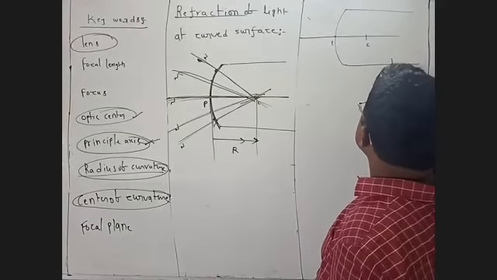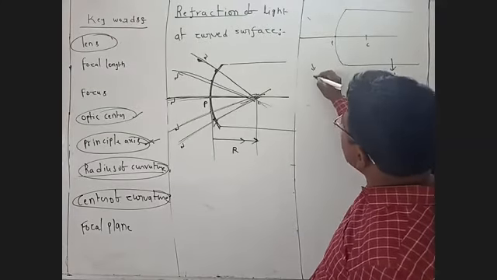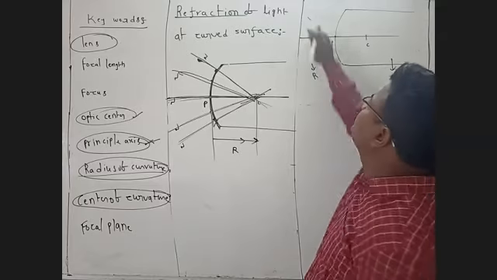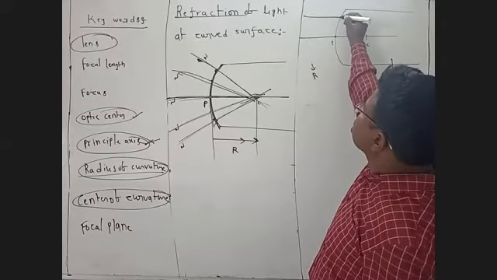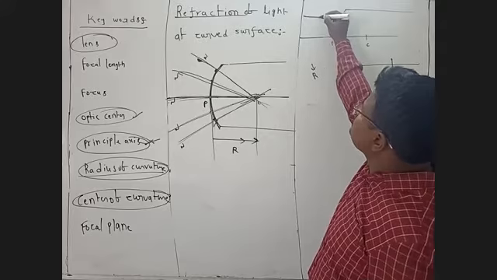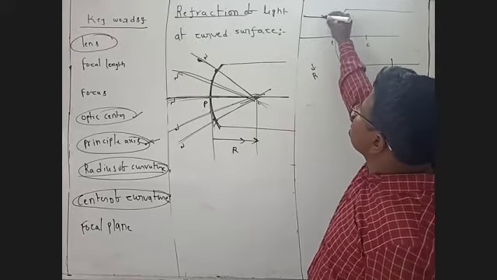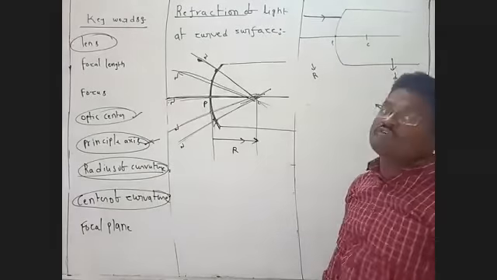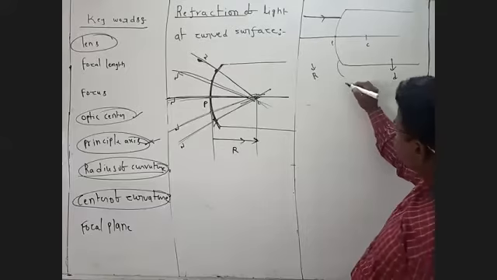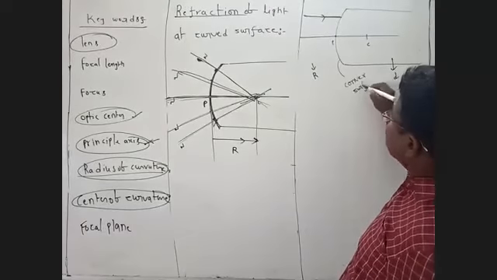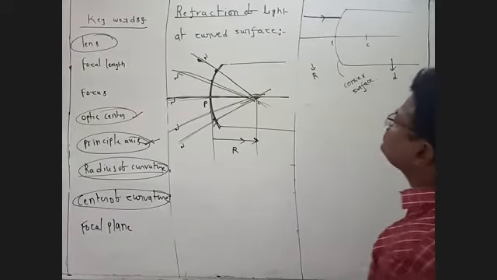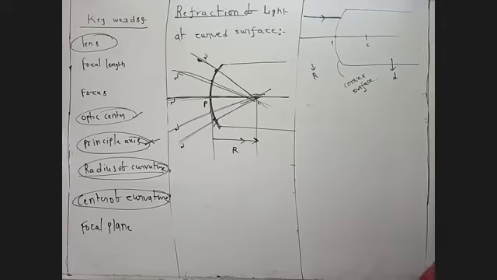This is a denser medium, this is a rarer medium. A light ray travels parallel to the principal axis and strikes the convex surface. So what will happen?